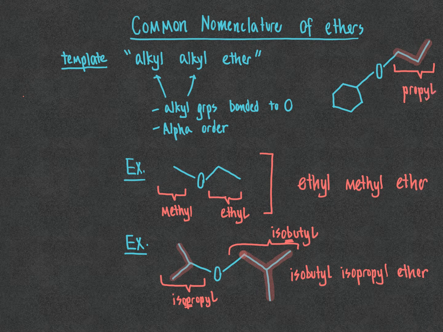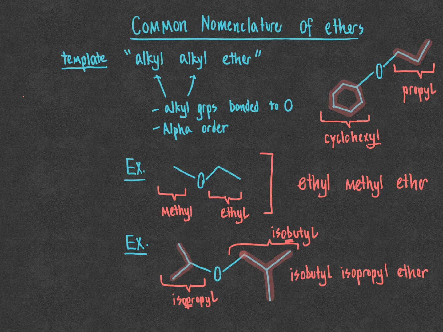On the other hand, at the other end here, we have a 6-membered ring directly connected to the oxygen, and we refer to that 6-membered ring, when we think about it as being a group, it gets the YL suffix because it's not the parent chain, it's a group or branch coming off of the parent in this case. And so it gets the suffix YL, and so we would call this a cyclohexyl group.